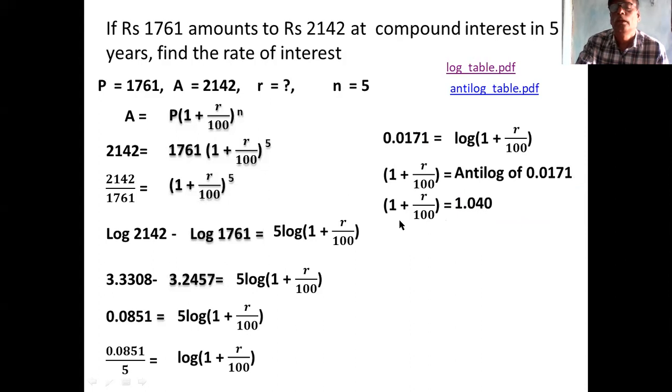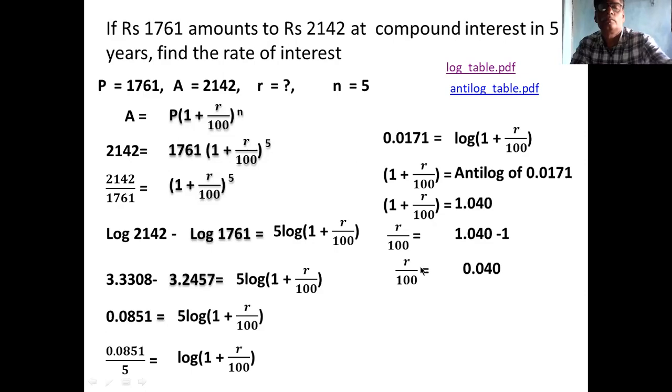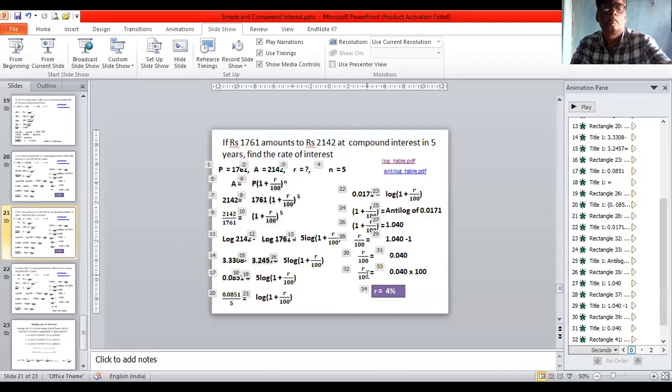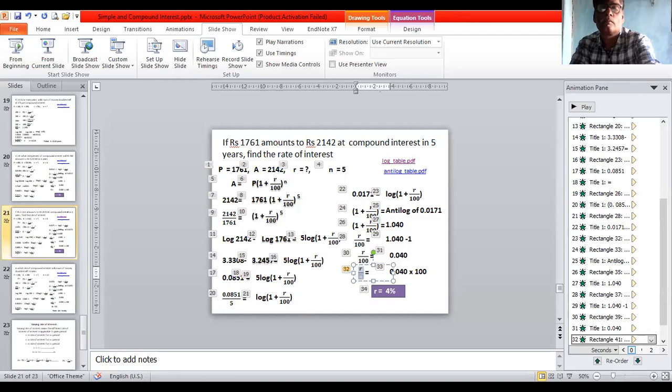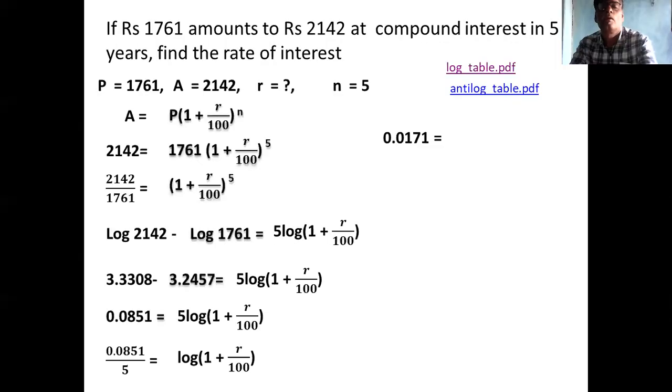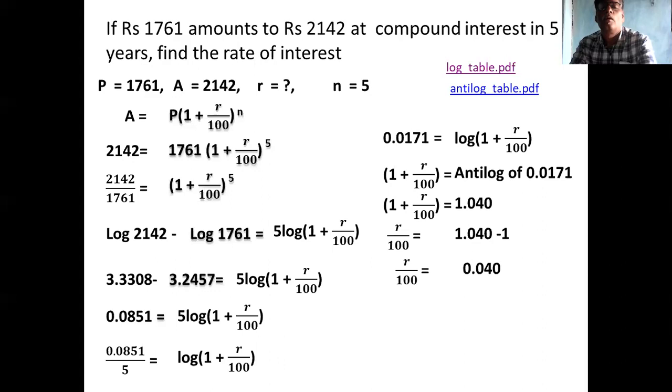1.040. Then you remove this bracket and take this 1 to the right hand side. 1.040 minus 1. Then R is equal to 0.040 into 100.